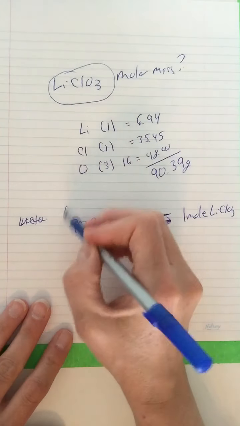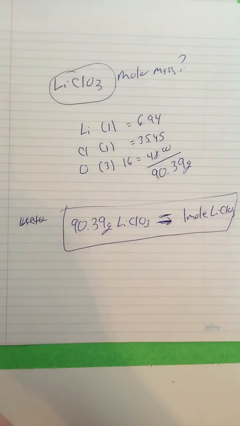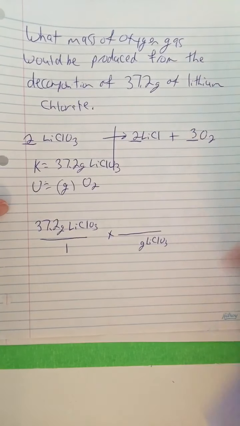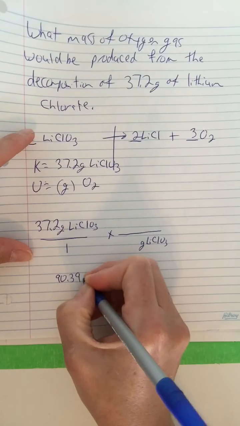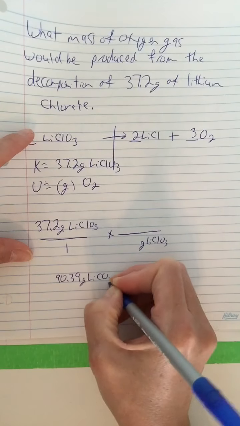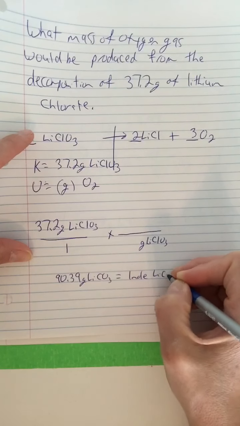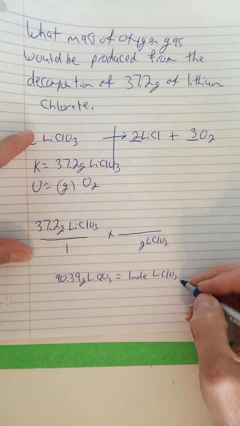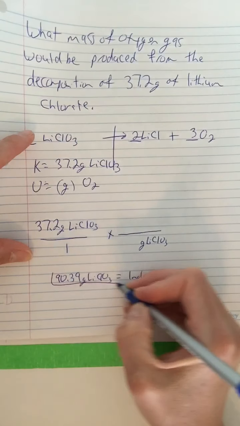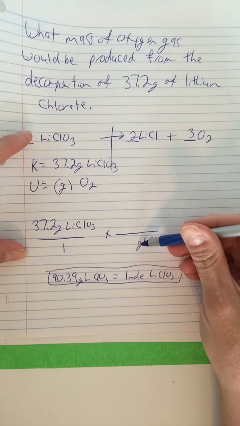This is a conversion factor we get to use in a bunk bed. Okay, 90.39. So let's bring it back to this one. The conversion factor we get to use, 90.39 grams of lithium chlorate, is equal to 1 mole of lithium chlorate, LiClO3. Okay, so this is a conversion factor I get to use. Awesome. Let's use it. Here it goes.